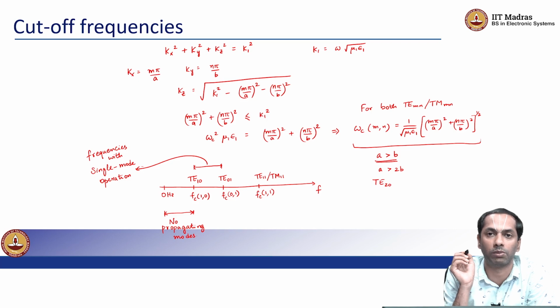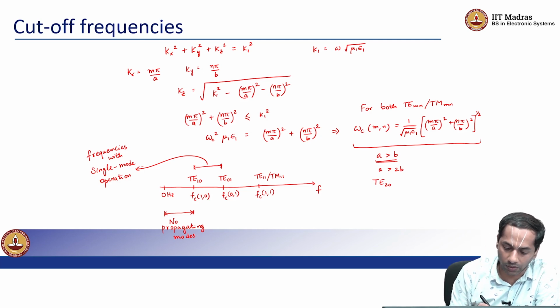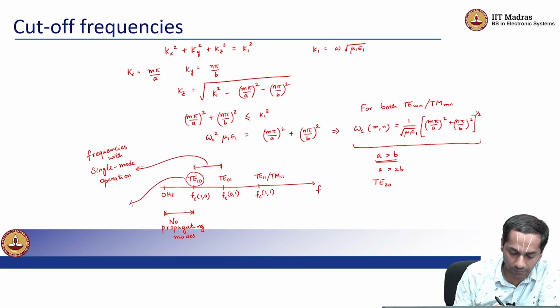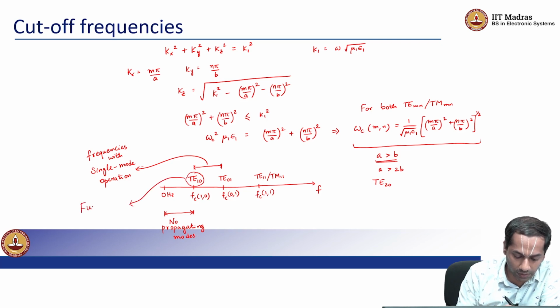Most people try to build waveguides such that for the frequency of interest, they would like to keep the waveguide single mode, right, that they would not like to have many modes operating within the waveguide. This just keeps the design and the construction of the circuits simple. Okay. So the very first mode with the lowest cutoff frequency also has a special name. It is called the fundamental mode of the waveguide.